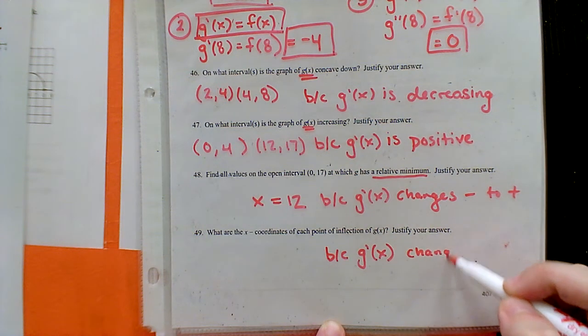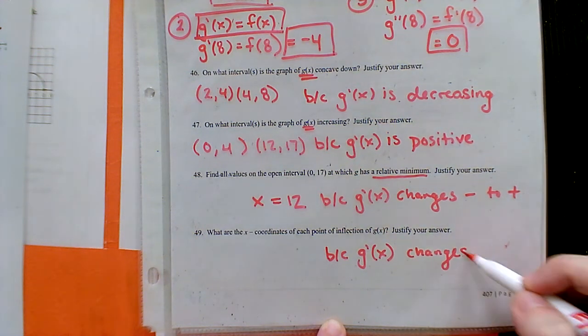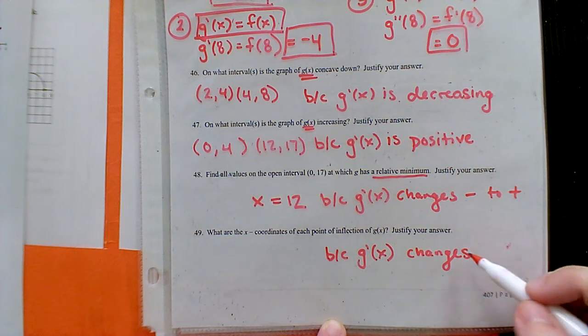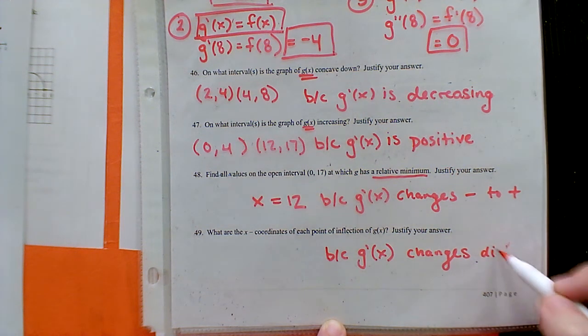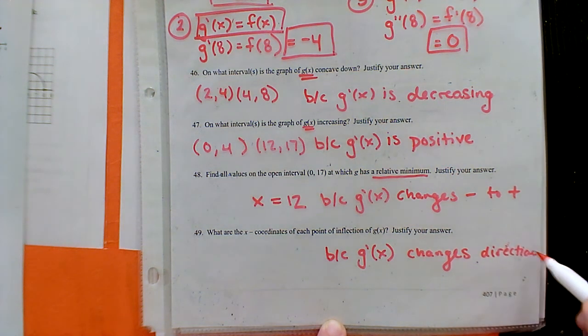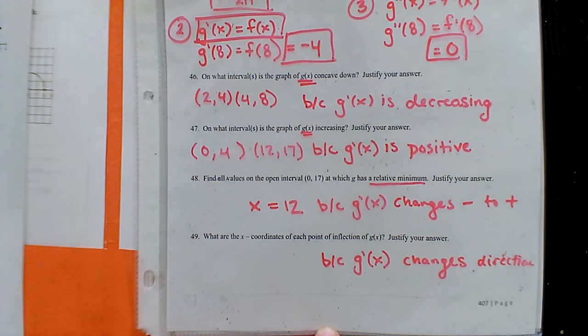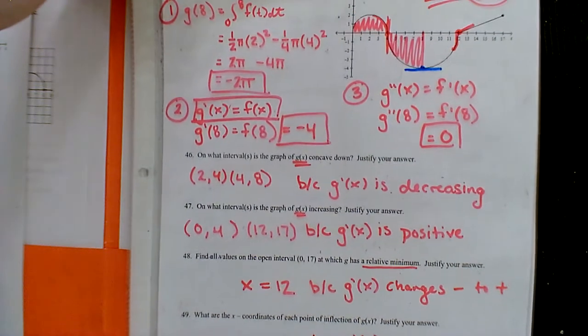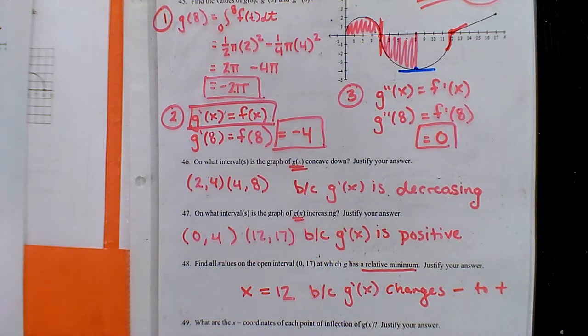All right, so g prime changes, or sorry, changes the slope. Let's see, we'll say changes direction. So the slope of that g prime changes positive to negative, aka g prime changes direction. So where on that graph do we change direction?